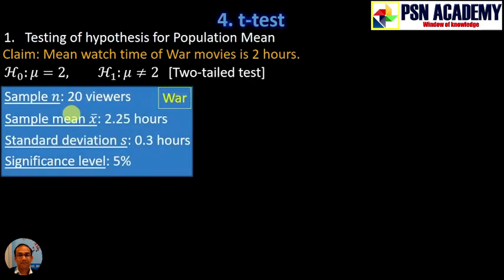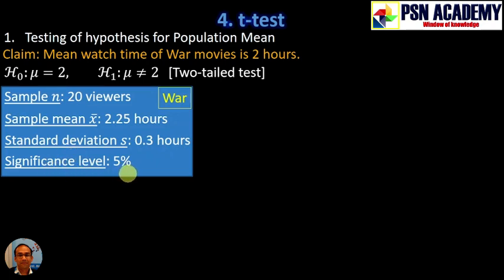Now we take a sample of 20 viewers on war movies, and it is denoted by n. The sample mean x bar is 2.25 hours. Standard deviation s we calculated as 0.3 hours. It is a sample standard deviation, not the population standard deviation. That is unknown to us. And we set the significance level as 5%.